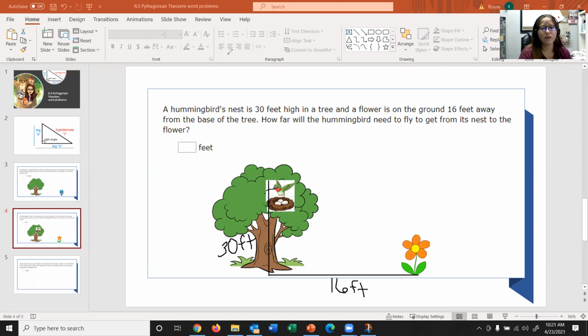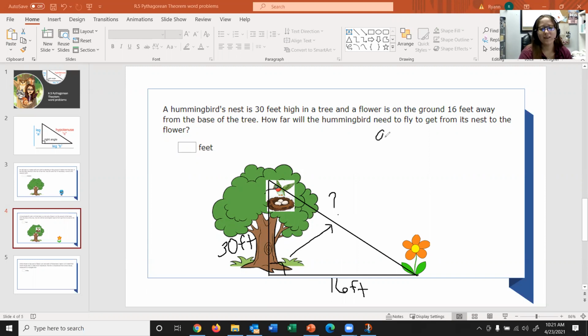If the bird is going to go from its nest to the flower, how far is it going to have to fly? We can see that we have this right angle just about right here, so we know that we're looking to find the hypotenuse of this triangle.